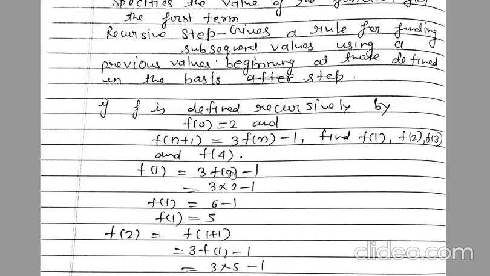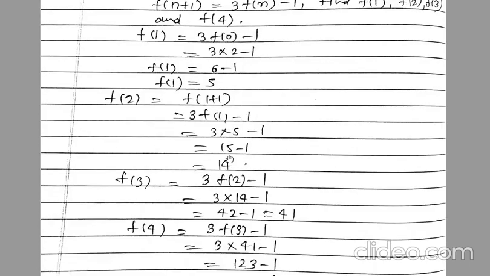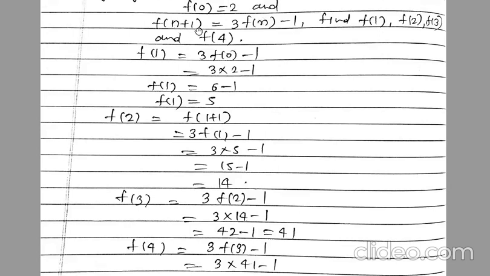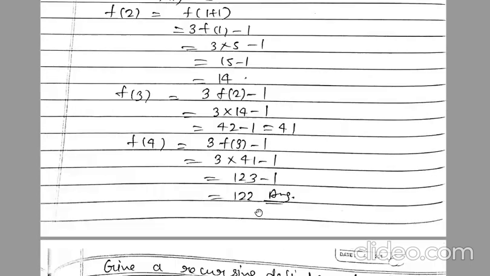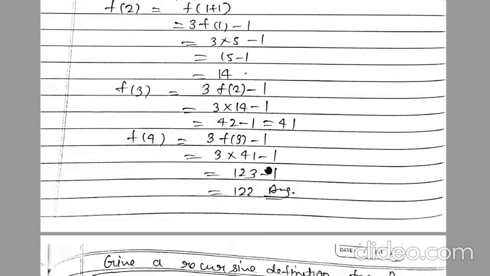Then f1 will be 3 into f0 minus 1, so 5. For f2 you will put n is equal to 1, then your f2 is 14. For f3 you will put n is equal to 2 in the recursion formula, so you will get 3 into 14 minus 1, 41. And for f4 you will put n is equal to 3 here, so 41 into 3 minus 1, that means 122, right? So this is very easy, and this is your 2 marks question, always comes in your exam, right?